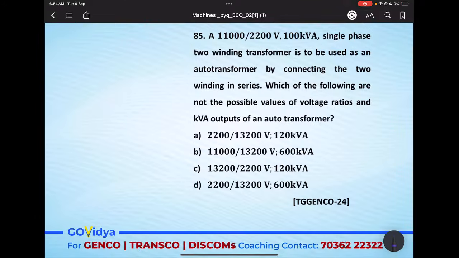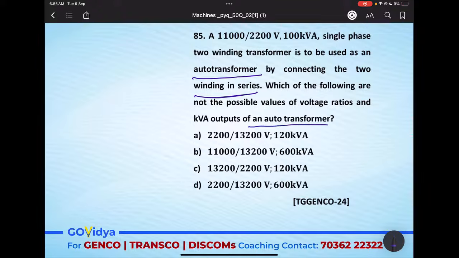The question is about an 11,000 by 2200 volt, 100 kVA single phase two winding transformer used to connect as an auto transformer by connecting the two windings in series. Which of the following are not possible values of voltage ratios and kVA outputs of the auto transformer?